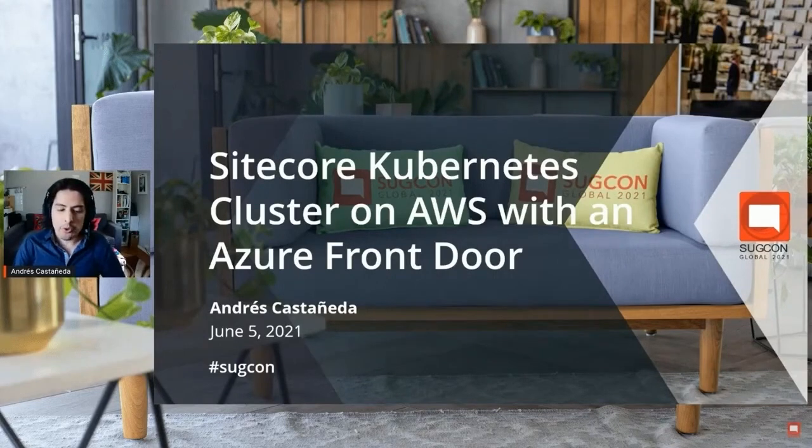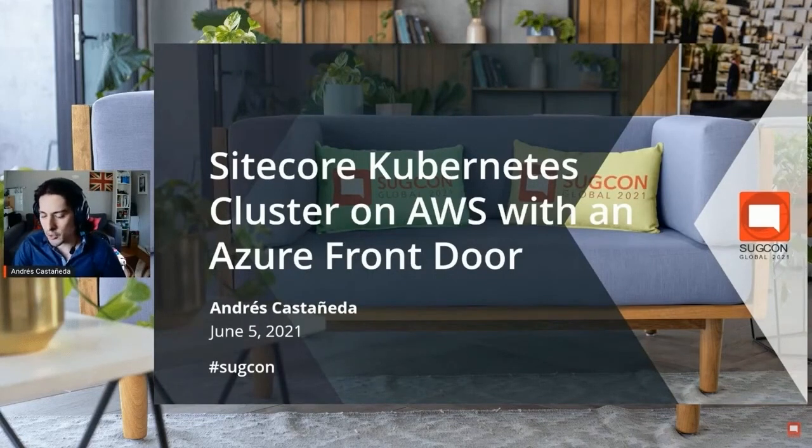So I will go through all of these slides in the presentation, and in the end, I will switch to the browser to navigate the AWS Management Console, the Azure portal as well, the Azure DevOps pipeline if I have time to do that, and I will also show something on Visual Studio Code using the Kubernetes extension.